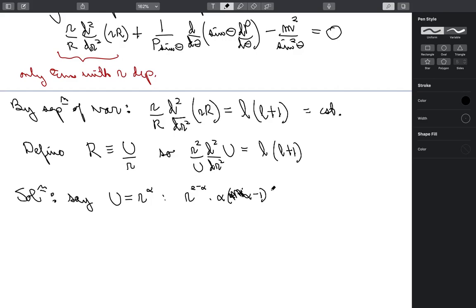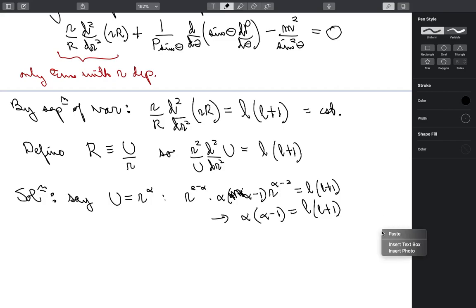And then r to the power alpha minus 2, because I've taken two derivatives. And then this is equal to L times L plus 1. But you see this is quite simple, because then it just means that alpha times alpha minus 1 is equal to L times L plus 1.